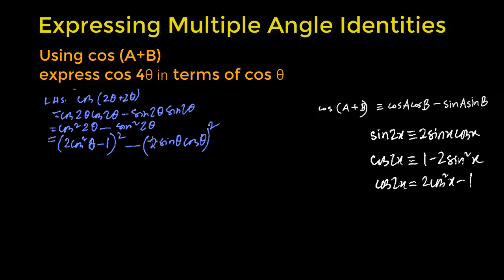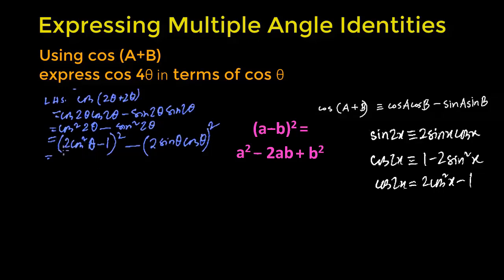Sin squared x is the same as (sin x) whole squared. So here we can use the algebra of (a minus b) whole squared. The basic algebra rule goes like this: (a minus b) whole squared is a squared minus 2ab plus b squared. So this algebraic concept can be used.